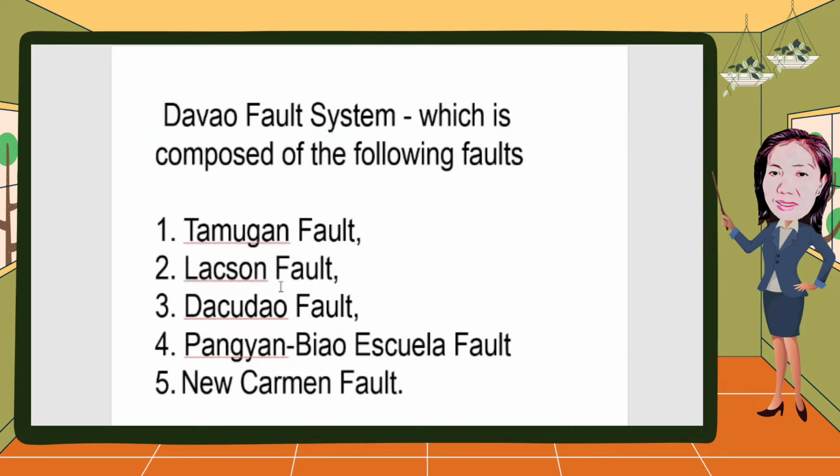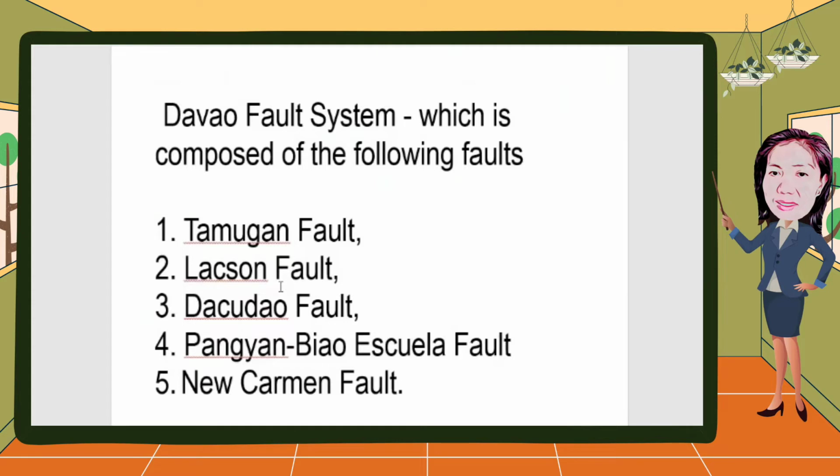So the Davao fault system consists of the following faults. We have Tamugan fault, Lacson fault, Dakudao fault, Pangyan Biao fault, and New Carmen fault. We need to know these faults because they are found in our place in Davao region.